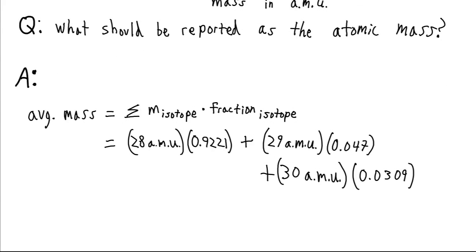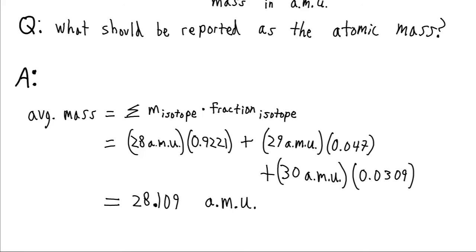The quantity we get when we do this is 28.109 AMU. That's close to 28, like we predicted, and it's between 28 and 30. So this seems like a good answer.